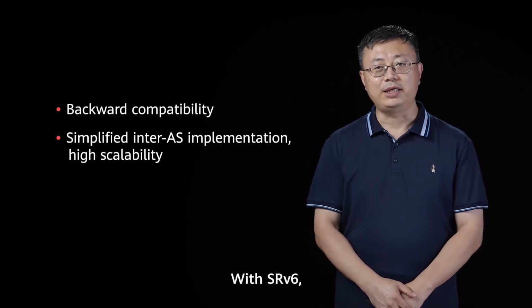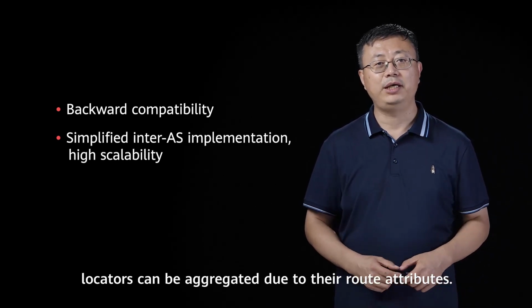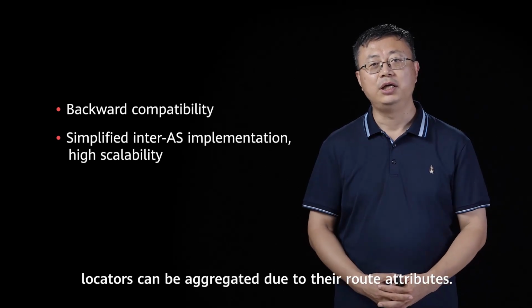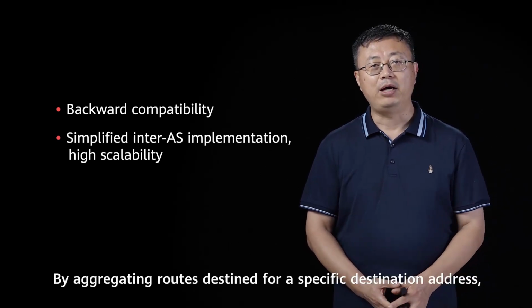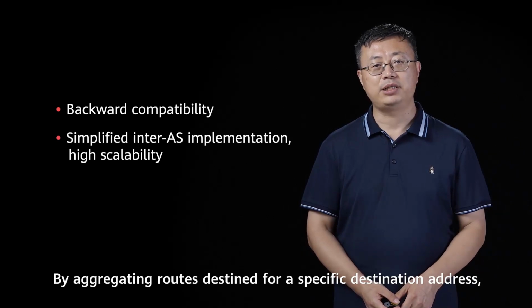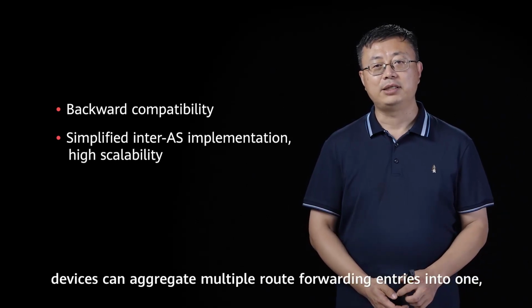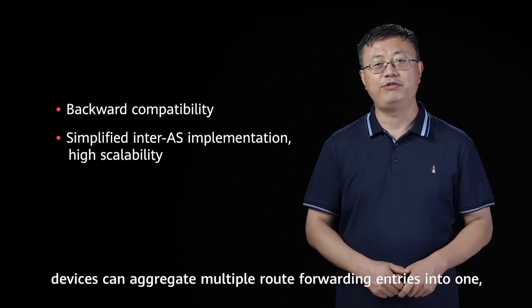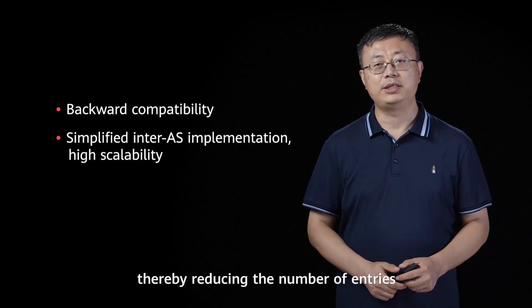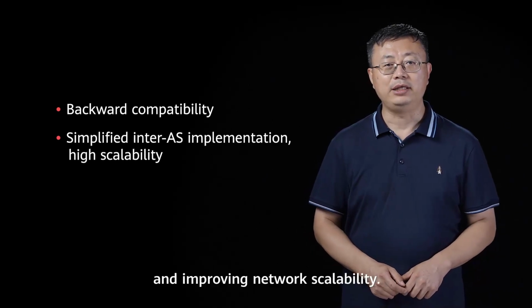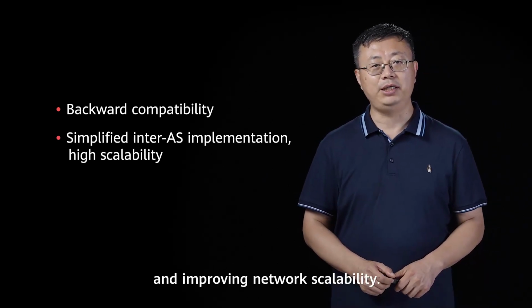With SRv6, locators can be aggregated due to their route attributes. By aggregating routes for a specific destination address, devices can aggregate multiple route forwarding entries into one, thereby reducing the number of entries and improving network scalability.